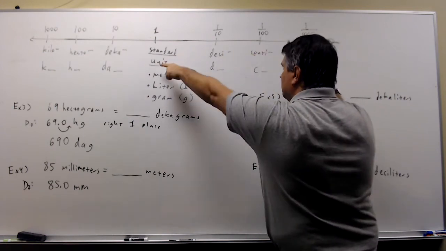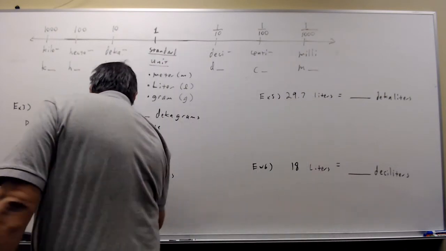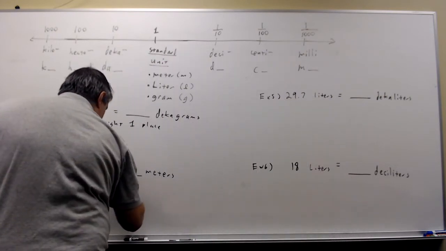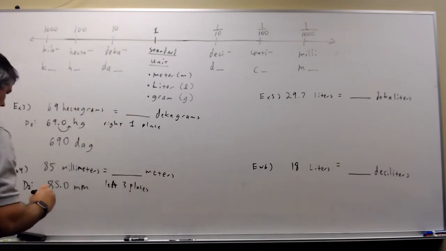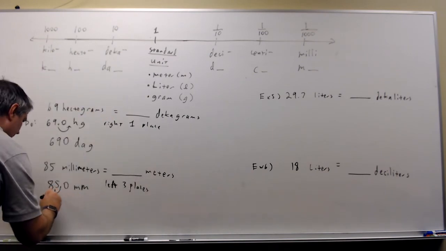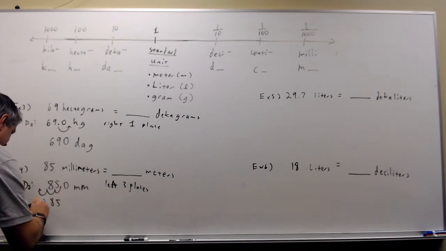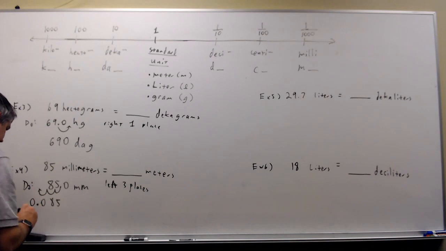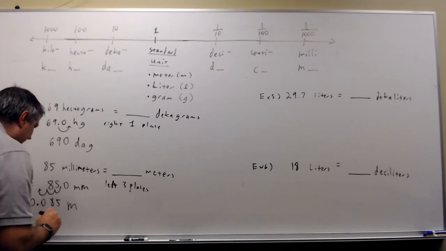Left, 1, 2, 3 places. So, 1, 2, 3. 85, 0, decimal point, another 0. That extra 0 is usually unnecessary. Meters.